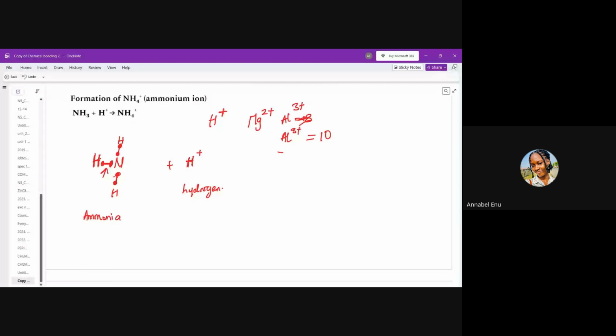So how many electrons are now surrounding nitrogen? 1, 2, 3, 4, 5, 6. But nitrogen needs 8. So it has a lone pair here, making it 7, 8. For this ammonia to form the ammonium ion, it has to bond with this hydrogen.